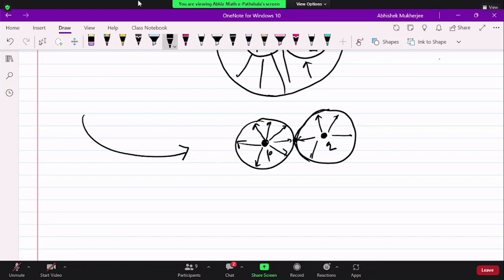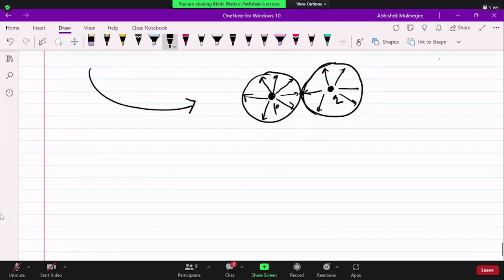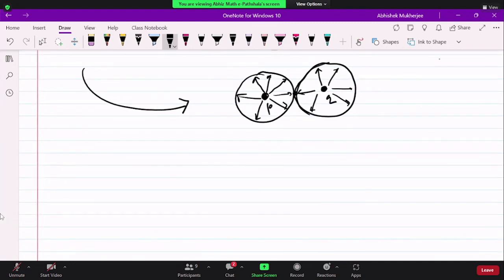Correct. And that gives you another resulting space, which is something like the number 8, right?